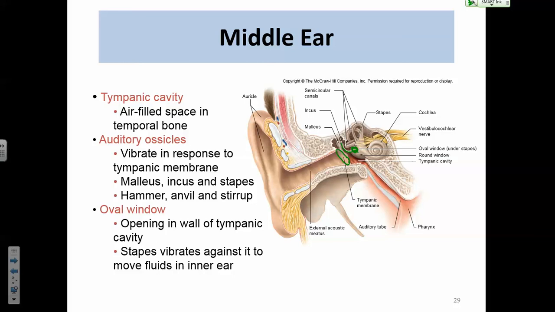Okay? It's because of the sizes. It's just channeling all that movement to a smaller spot. So it doesn't take much vibration of the eardrum to cause a lot of vibration of that oval window.